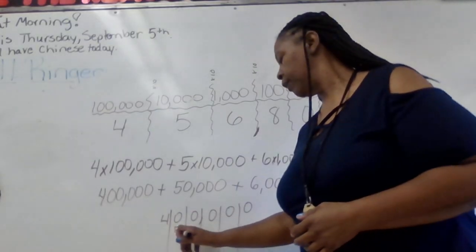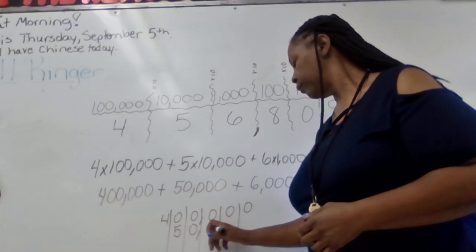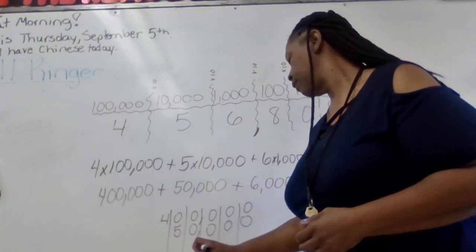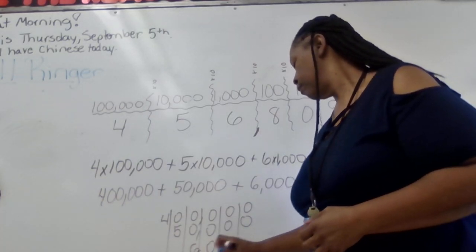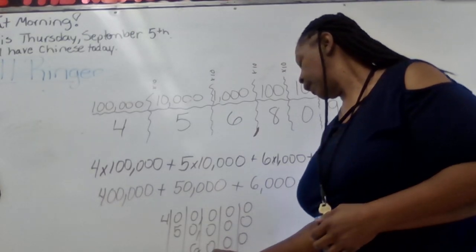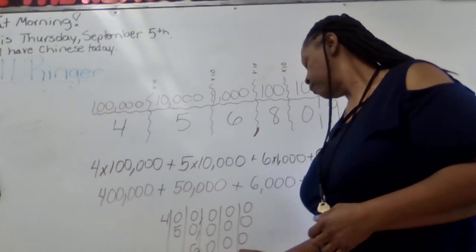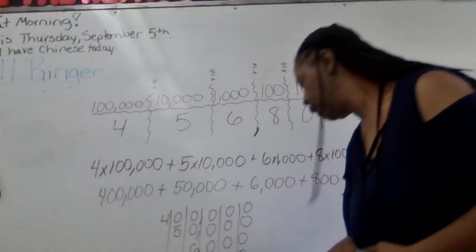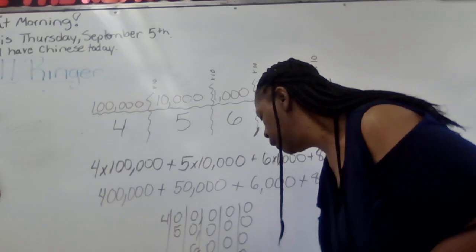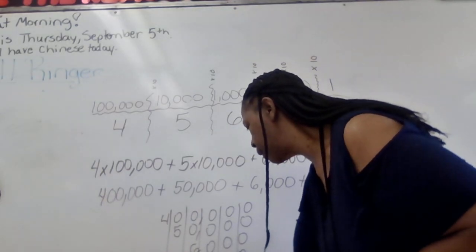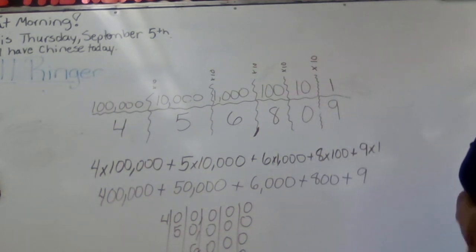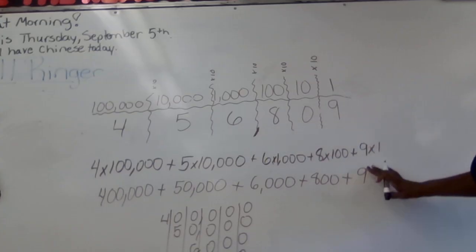And then I have my 50,000, 6,000, 800, and then I have my 9, and then I'm going to come straight down. I have 9, 0, 8, comma, 6, 5, 4. 456,809. Okay? So this is standard form, and this is expanded form.